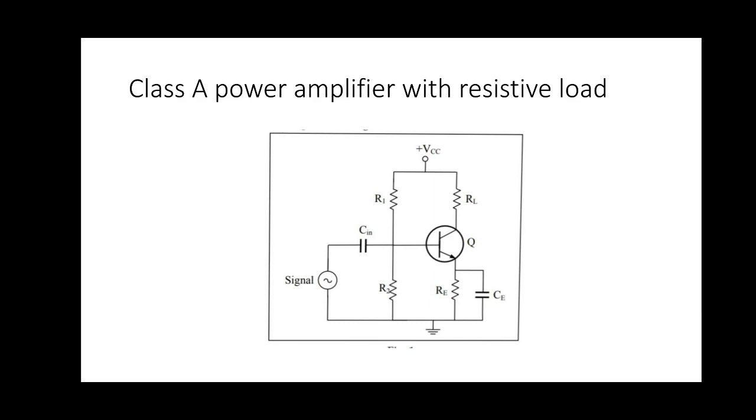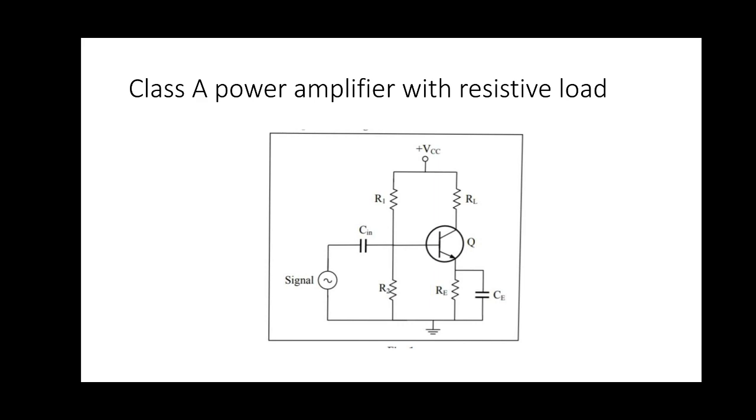We will see the circuit is no good as a power amplifier, because the whole of the voltage VCC does not appear across the transistor. Under quiescent condition, the DC collector current is ICQ. The DC voltage available between collector and emitter of the transistor is VCQ equal to VCC minus ICQ into (RC plus RE). This is the equation.